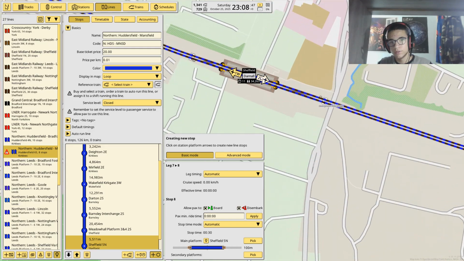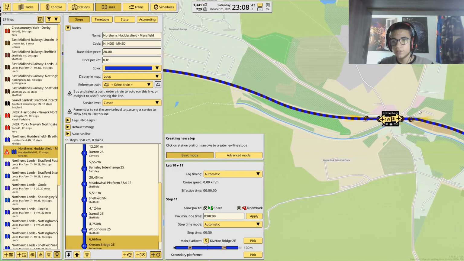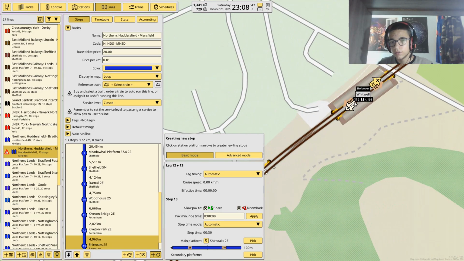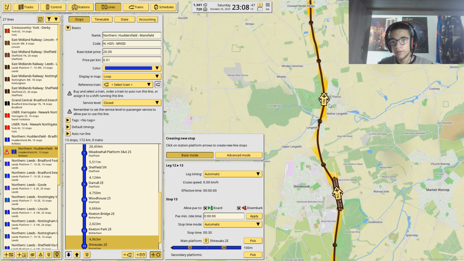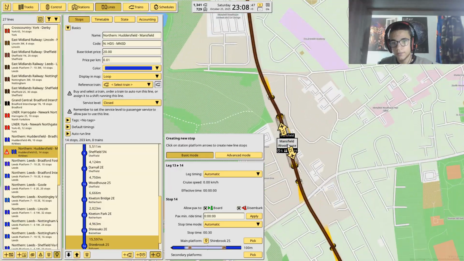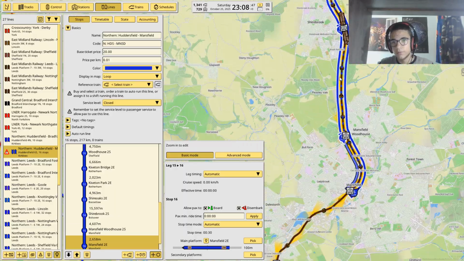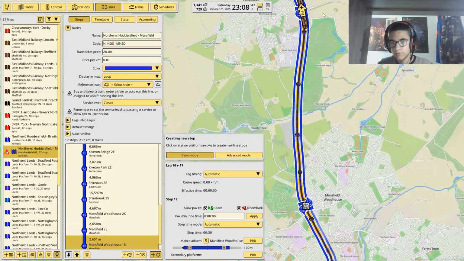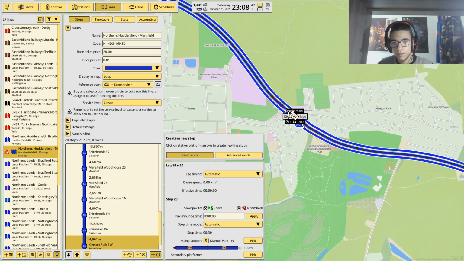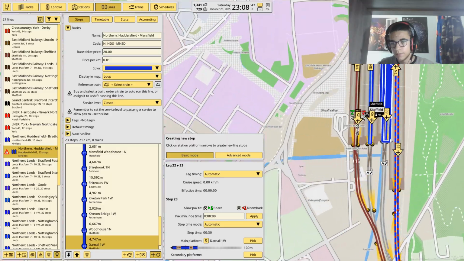We're going to go down to Darnall, Woodhouse, Kiveton Bridge, Kiveton Park, Shireoaks, and down to Mansfield. I'll not stop at Whitwell or Creswell, but I will stop at Shireoaks, Mansfield Woodhouse, and Mansfield. We're going to turn around at Mansfield at platform 2, and then go back to Mansfield Woodhouse, Shirebrook, Shireoaks, Kiveton Park, Kiveton Bridge, Woodhouse, Darnall, back down to Sheffield.